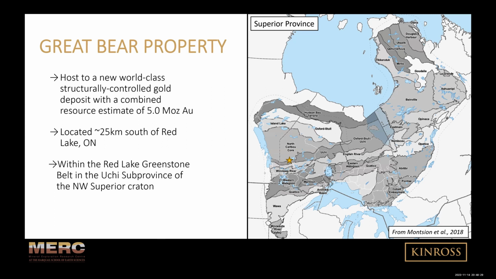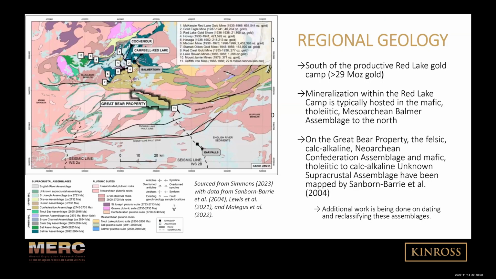It was only discovered 5 years before that, so it was pretty exciting. It's located about 25 kilometers south of Red Lake, Ontario itself, just south of the productive Red Lake Gold Camp, which you'll see up here. So the Campbell Red Lake Mine, the Coutts mines, and all of them within the Red Lake Mine Trend are just about 25 kilometers north of there.